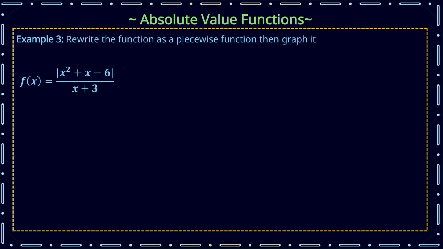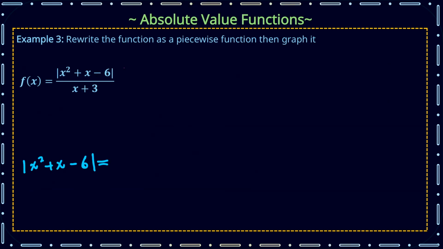Let's look at the third example. This requires a little bit of work. Just like the last problem, we're going to begin by breaking down the absolute value part. We want to write absolute value of x squared plus x minus 6 in piecewise form.